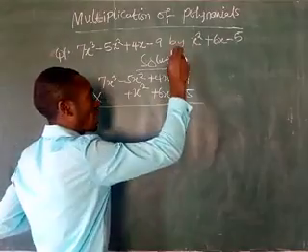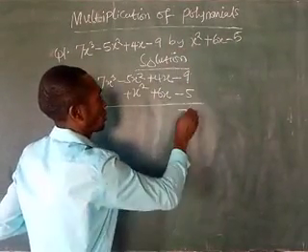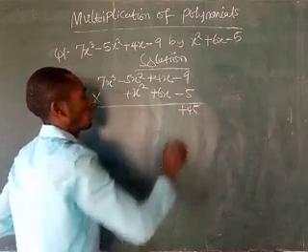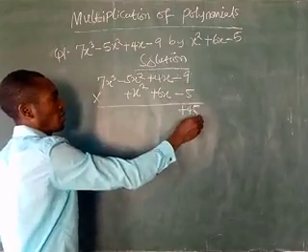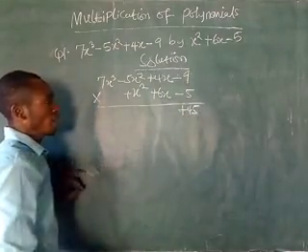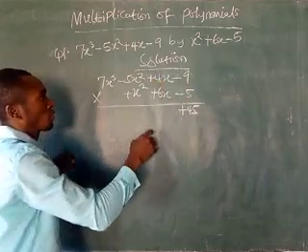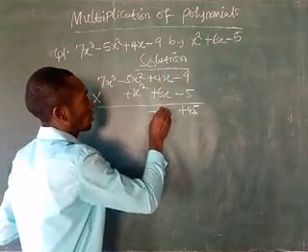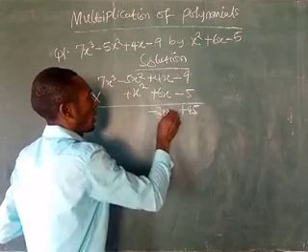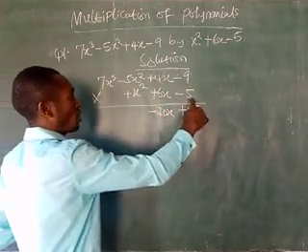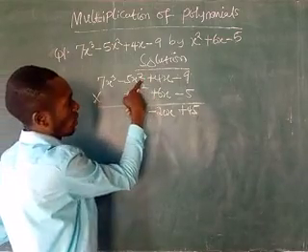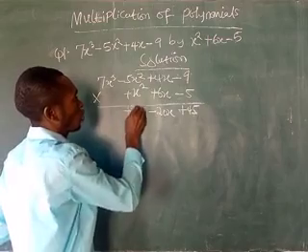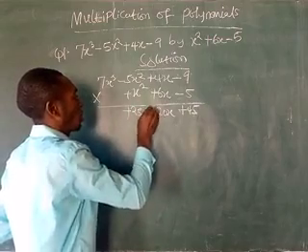So minus 5 times minus 9, we have minus 45, sorry, plus 45, because minus times minus is plus, 5 times 9 is 45. The next one is minus 5 times plus 4x, we're going to have minus 20x. Next, minus 5 times minus 5x squared, we're going to have plus 25x squared.